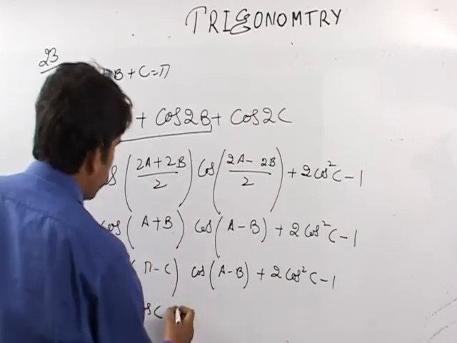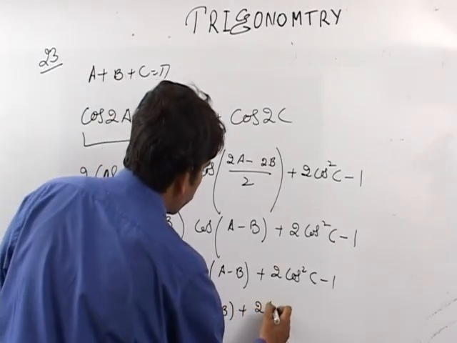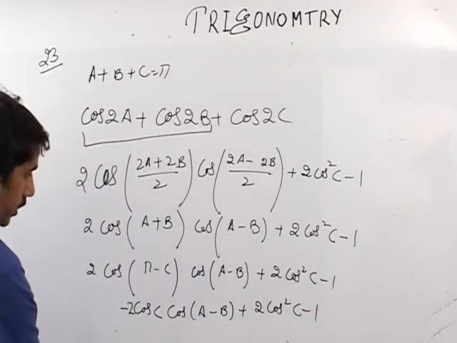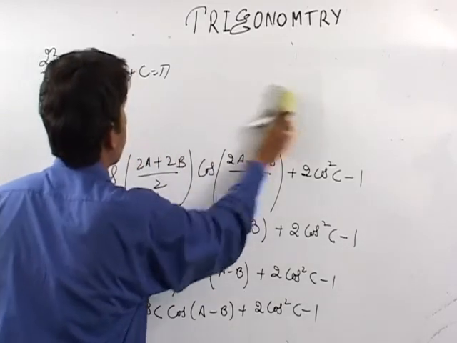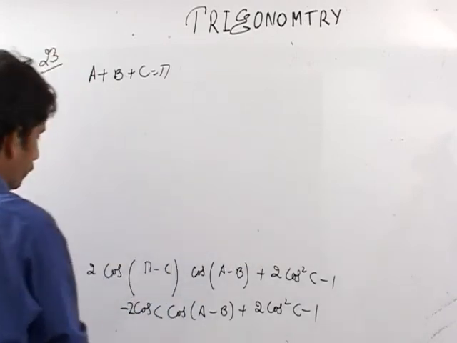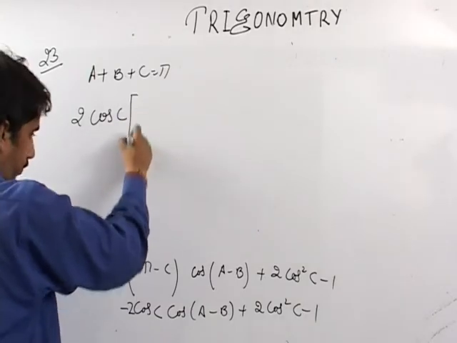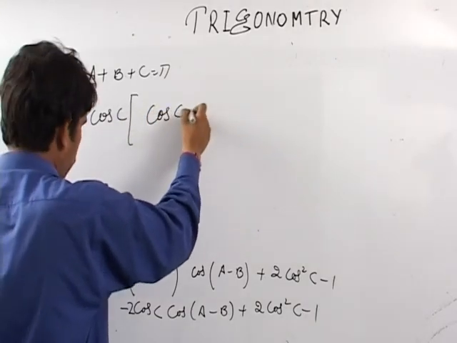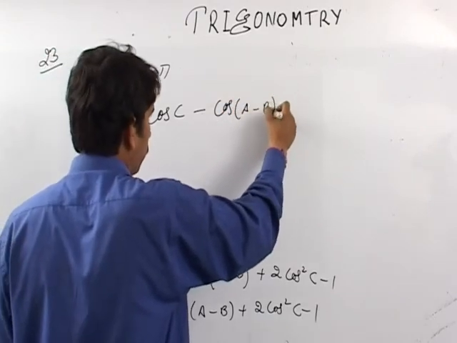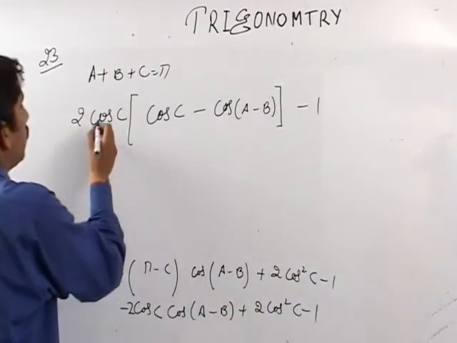So we get minus 2 cos C cos of (A minus B) plus 2 cos square C minus 1. From here you can take 2 cos C outside: this is equal to 2 cos C times (cos C minus cos of (A minus B)) minus 1.